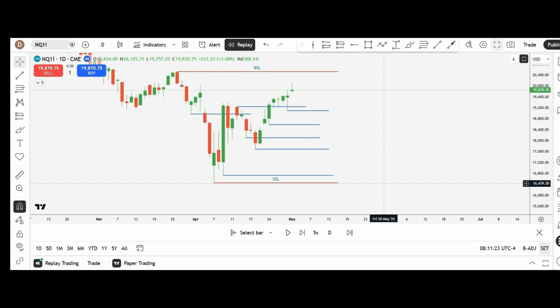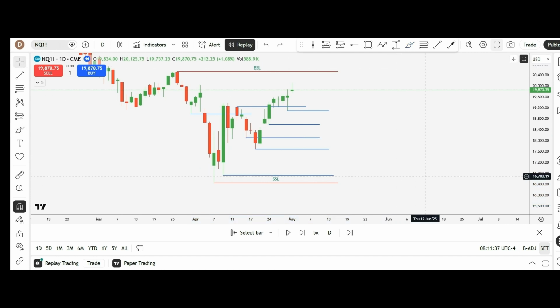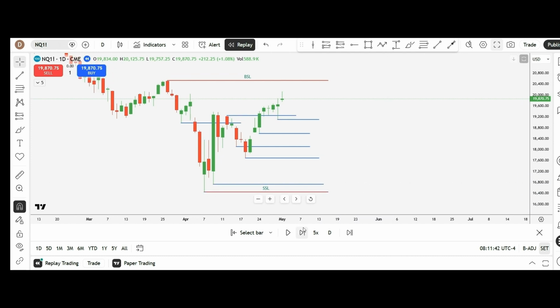And this is even more clear and even more important when we have equal highs or equal lows, as we have down here, equal lows. I hope this is clear. And let's see, first of all, where the price is going to, and secondly, what kind of reaction we will get once the price gets to either the buy side or the sell side of this range.